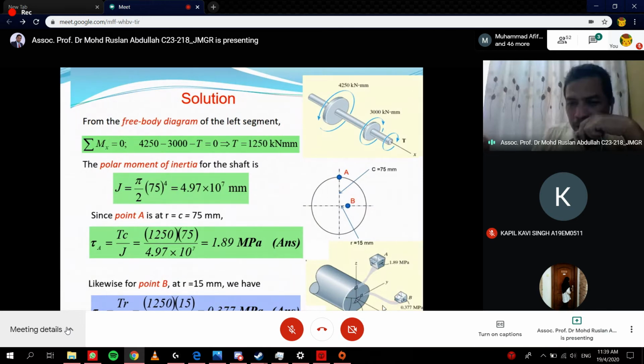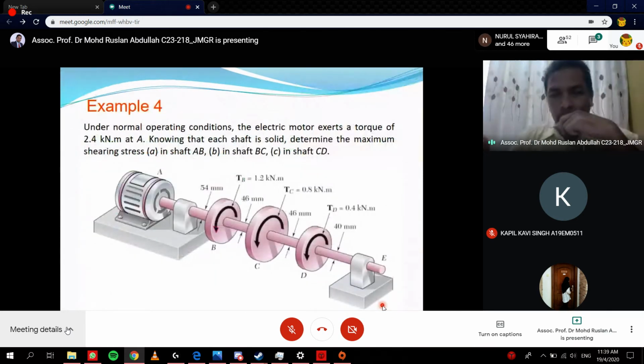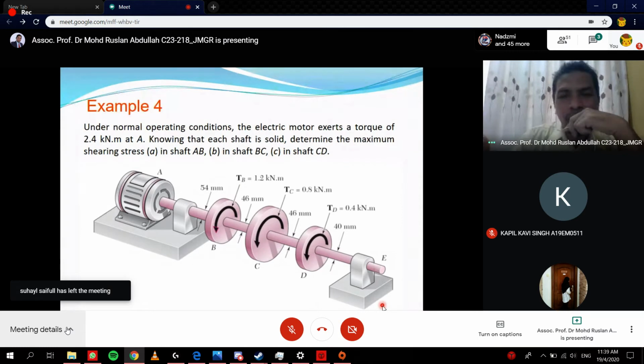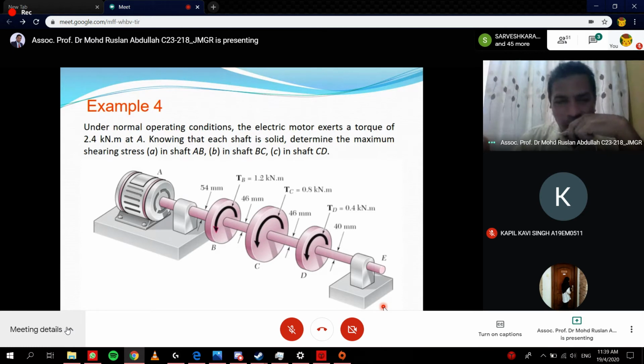So this one, we have three gears. Under normal operation condition, the electric motor, A is the electric motor, exerts a torque of 2.4 kilonewton.